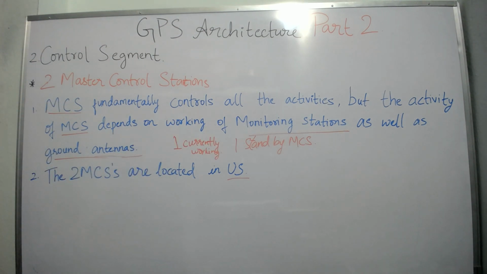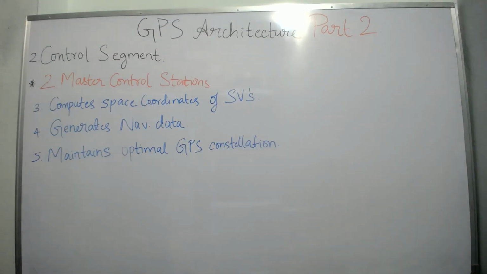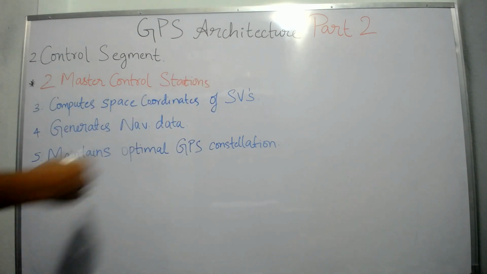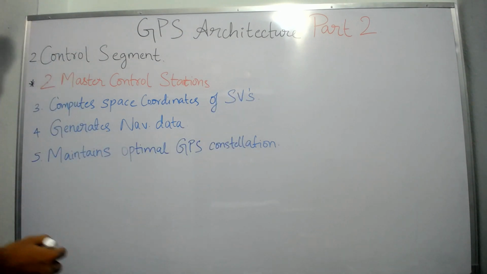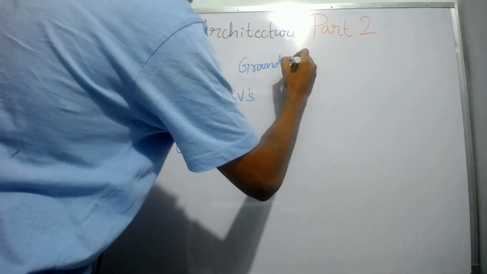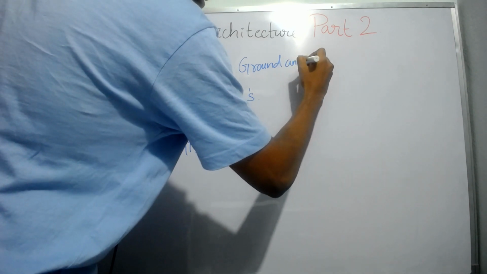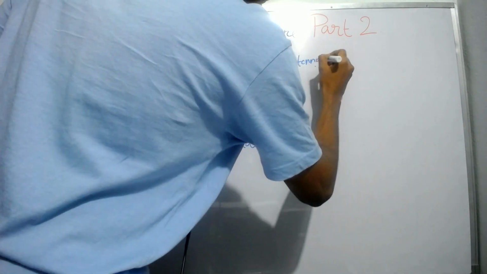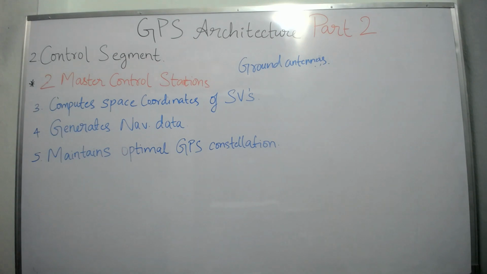Please take a screenshot or pause the video. I'll erase the board and move to the third point. The master control station computes space coordinates of satellite vehicles, or you can also call them space vehicles, and generates the navigation data with the help of ground antennas, and it also maintains the optimal GPS constellation.